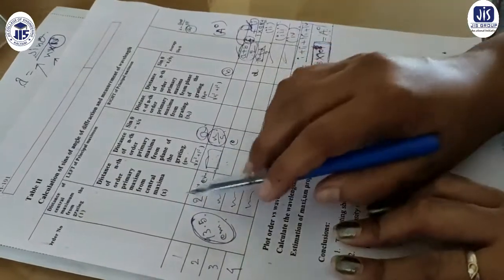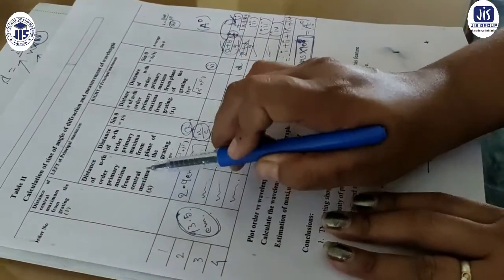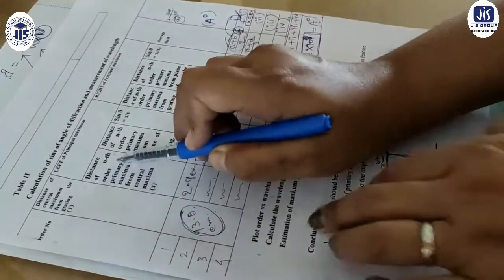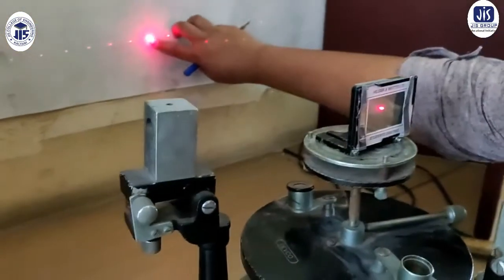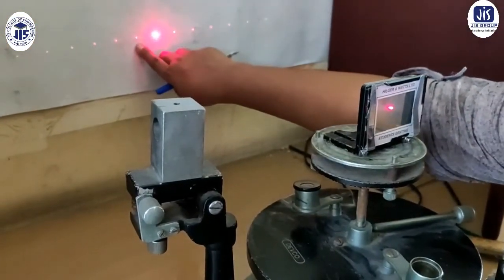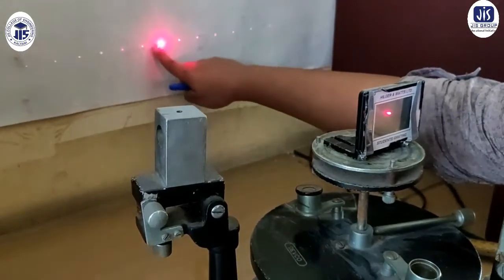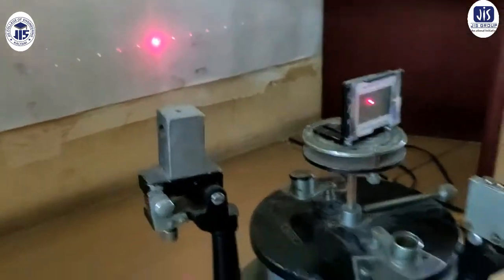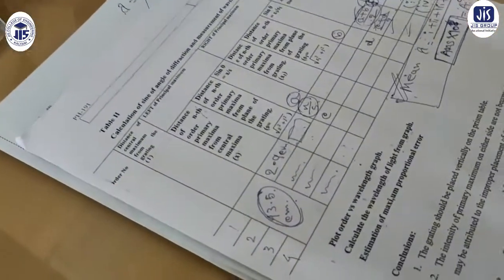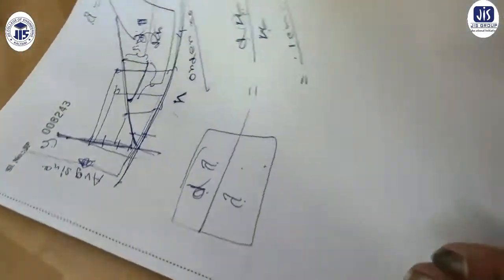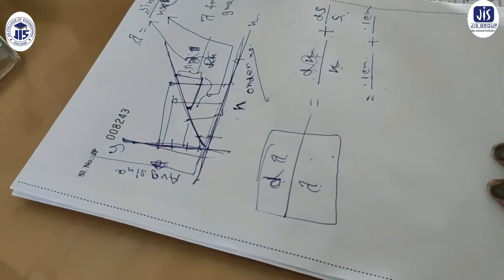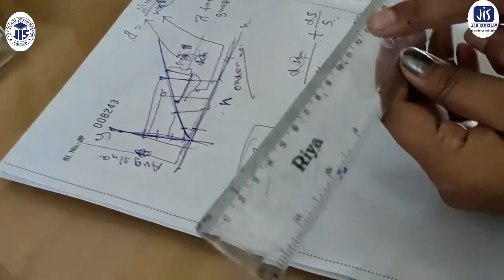See, what is my x? X means distance between the central maxima from the order number. This is my x. We have calculated that x part by using a normal meter scale.